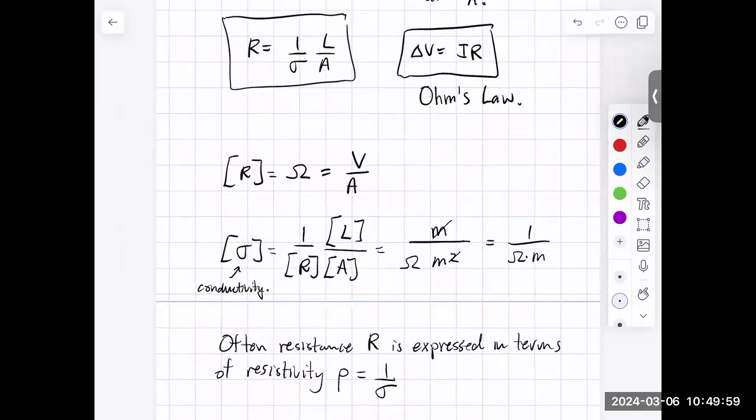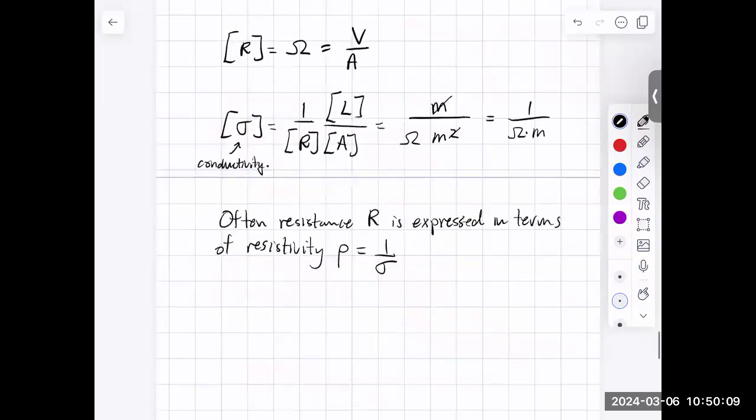So if we take our expression for R in the top left corner and replace 1 over the conductivity with the resistivity, then that is another way of expressing the resistance: rho L over A.